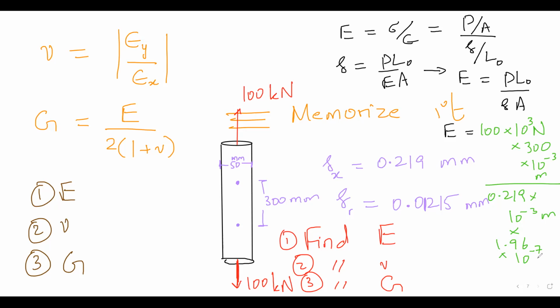Can anyone just calculate the area for me, please? Pi d square by 4 for a 50mm solid. 10 power minus 7, right? Okay, meter square. Why don't you now give me elastic modulus? 70 gigapascals, right?